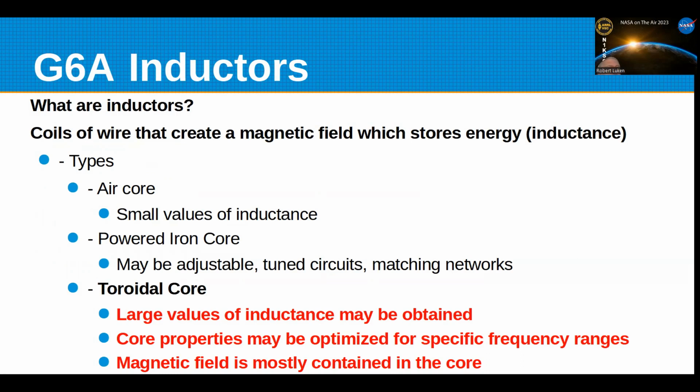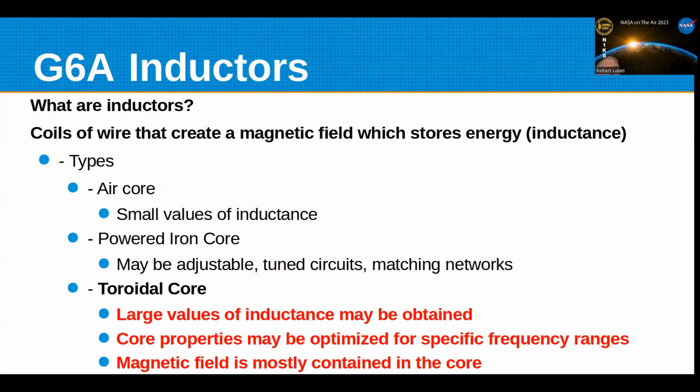What are inductors? They're coils of wire that create a concentrated magnetic field that stores electromagnetic energy, and we call that inductance, the ability to store energy as an electromagnetic field.